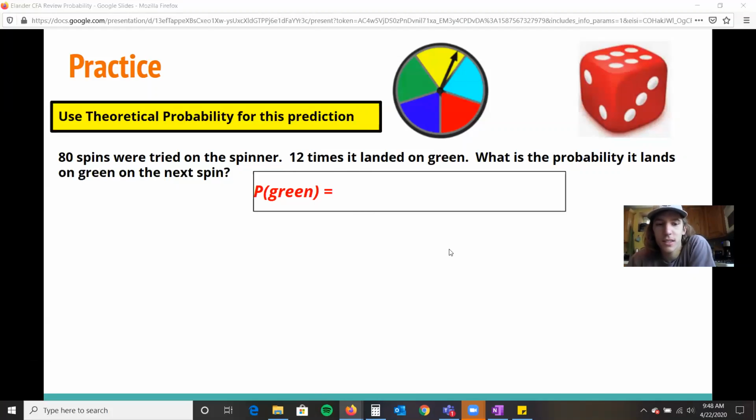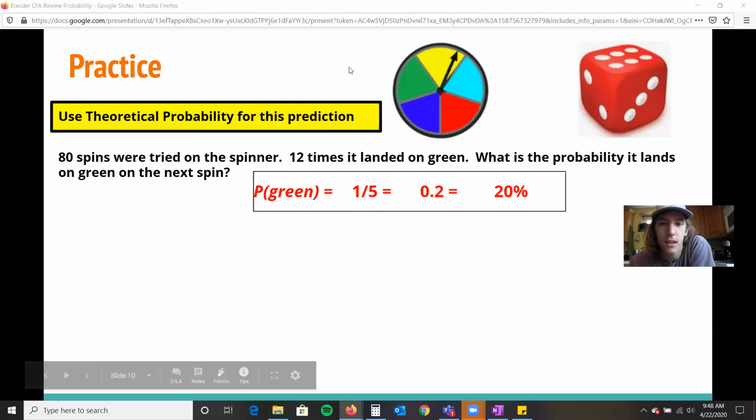I know that's a tricky one, because I kind of led you to believe otherwise from that last one. But just know that if there's a theoretical probability and it's asking about the very next spin, you always want to go with the theoretical probability.